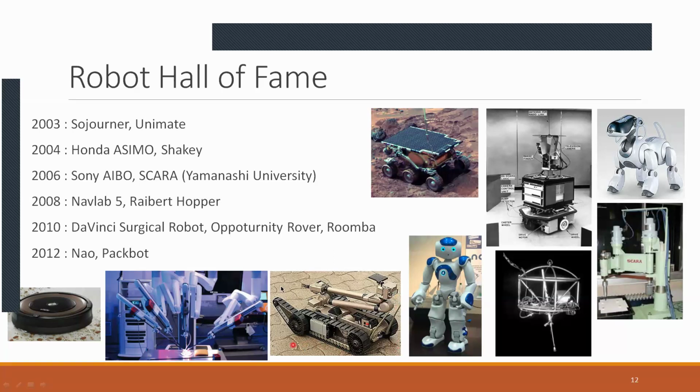The first military robot was actually something called the Goliath, developed back in the 1930s, right? But we'll get back to that later on. So this is the first popular robot used in that particular domain.